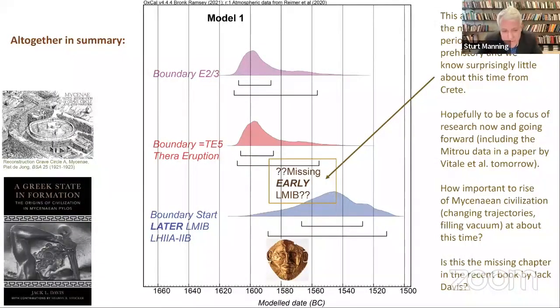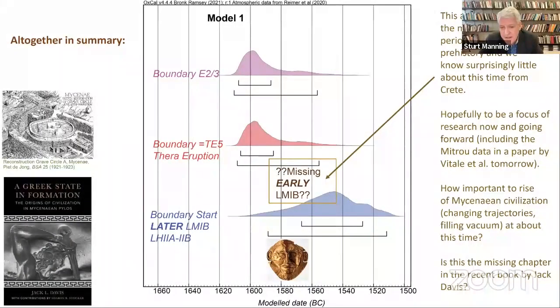It's the chapter that perhaps should have been in Jack Davis's book, which is what happens in the period between the end of Late Minoan 1A on Crete and this interval when Crete, if we look at, for example, the modeling work of Carl Knappett, we'd be seeing major changes in regional trading routes. We'd be seeing concentrations and efforts of doing different things compared to the past and reaching out.